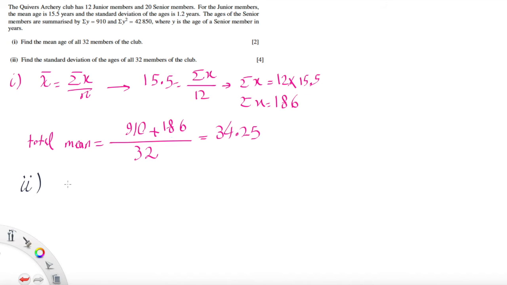So first we go for the variance. We know that variance of x is sigma x squared over n minus x bar squared.